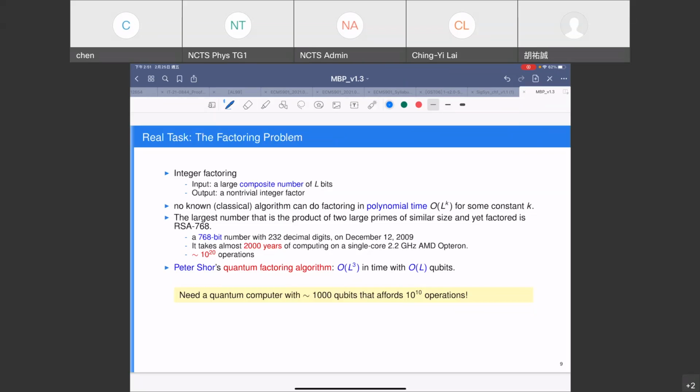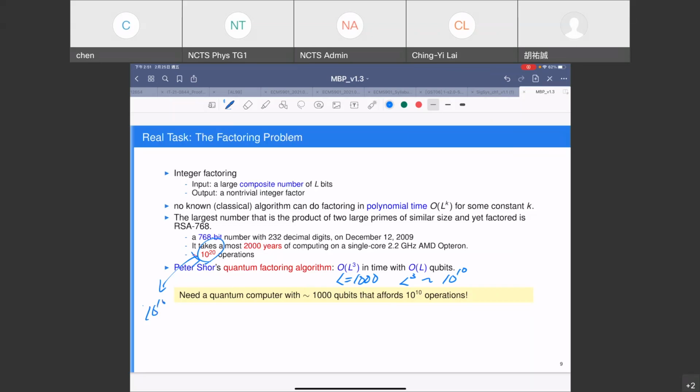So we need 10 to the 10 operations. Compared to the classical algorithms, which is 10 to the 20, we have an improvement of 10 to the 10, right? Here L is 1,000, so L cubed is roughly 10 to the 9, so compared to this number of classical algorithms, we have some improvement, right?